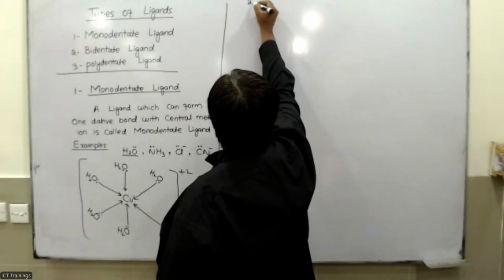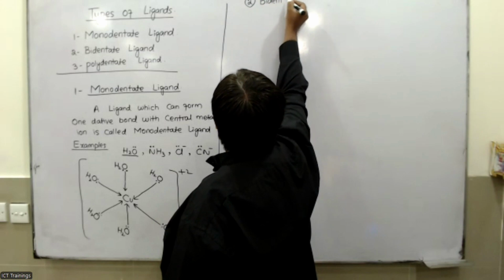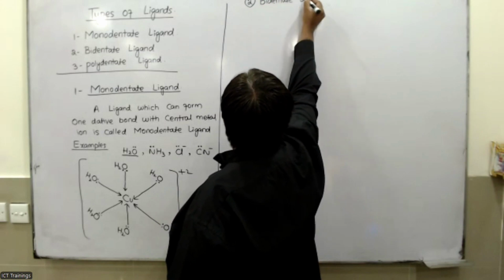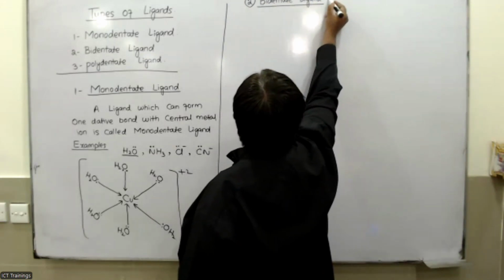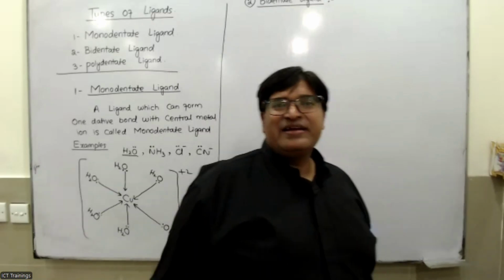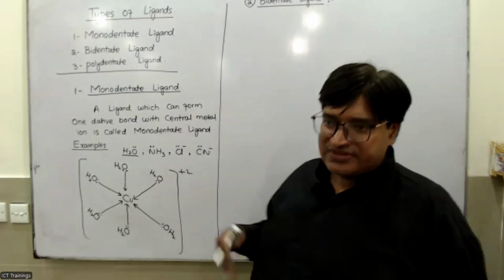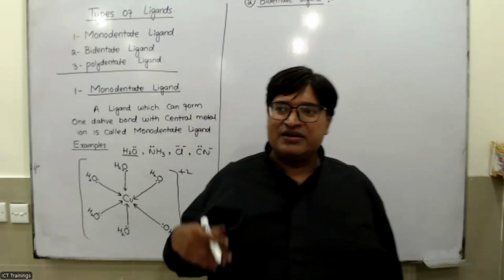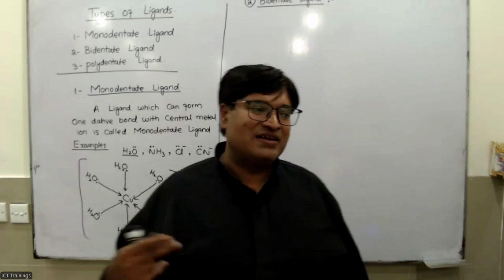Now let's start with the bidentate ligand. So what is the bidentate ligand? As the name indicates, bi means two. This is the ligand which can form two dative bonds with the central metal ion.